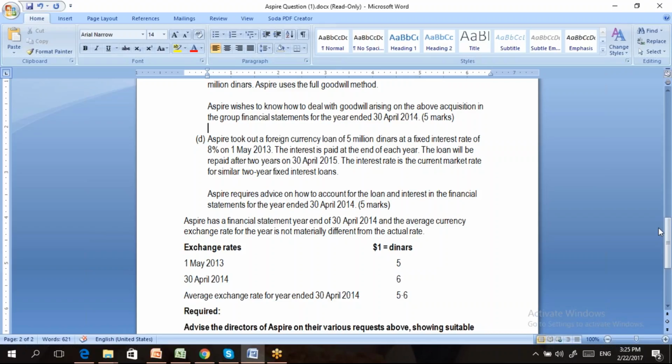So what we do is, we take the loan of 5 million, because our currency is US dollars. We will convert it on 1st May 2013, taking the rate 5: debit cash with $1,000, credit the loan with $1,000, correct? That's the first entry you will put.